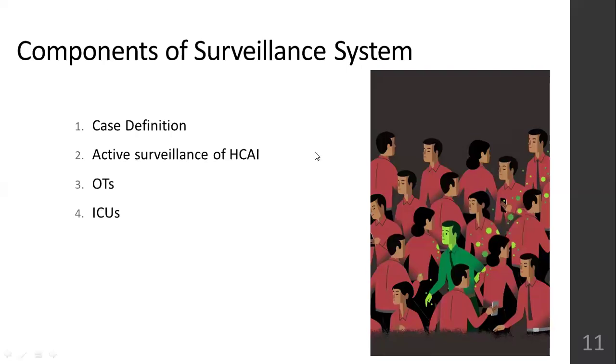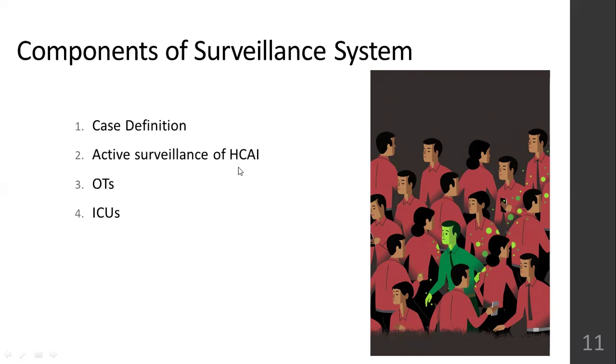These are the different components of a surveillance system. You have the case definition. There is a specific definition for each and every disease condition. If the patient fulfills all the criteria defined for the disease condition, only then will you diagnose the patient with that condition. Then active surveillance of healthcare associated infection.